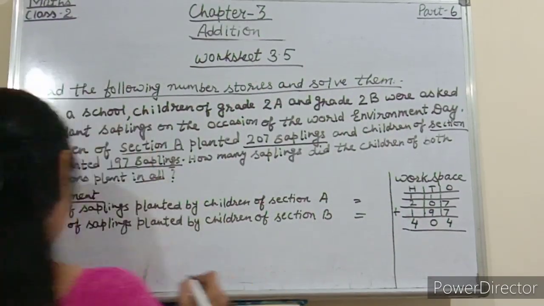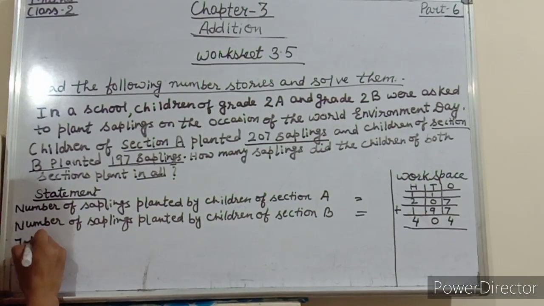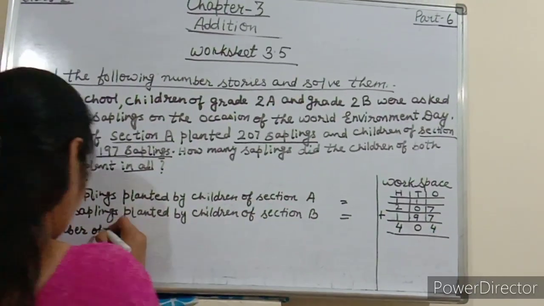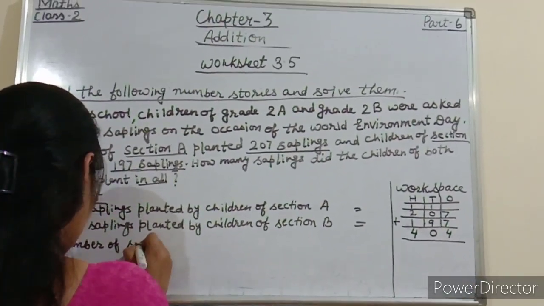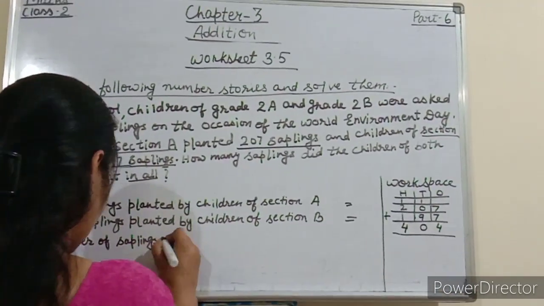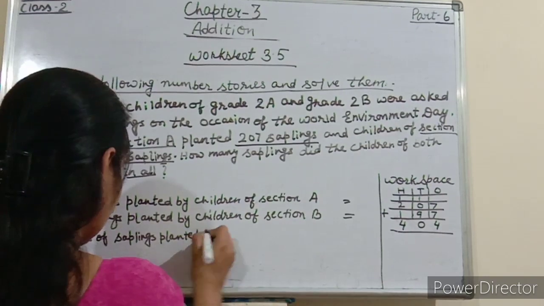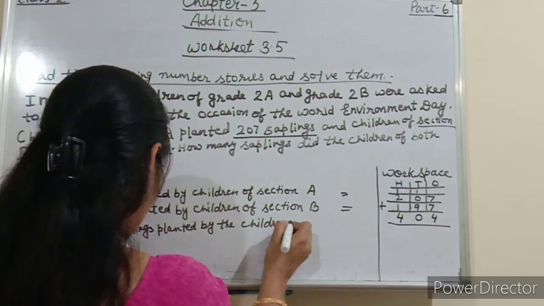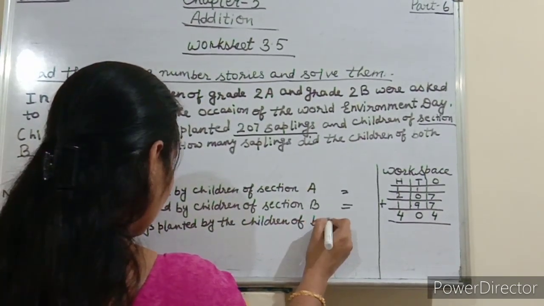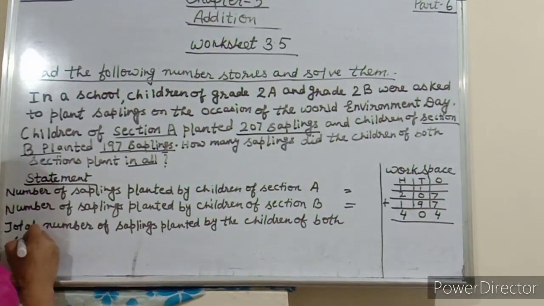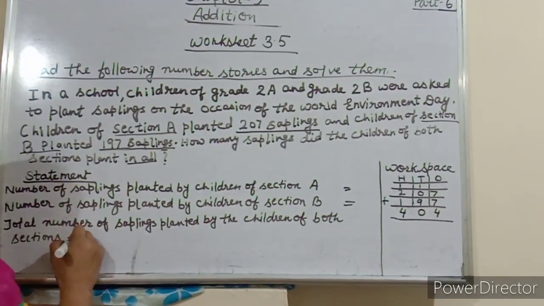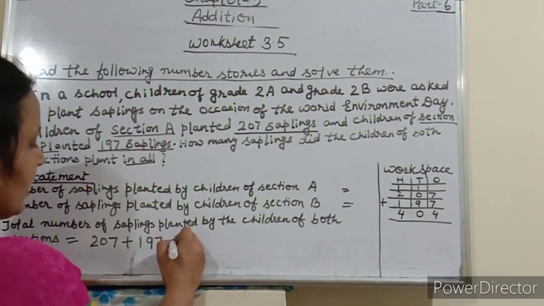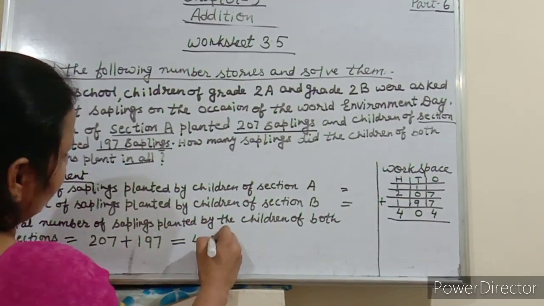Now students, write: total number of saplings planted by the children of both sections is equal to 207 plus 197 is equal to 404.